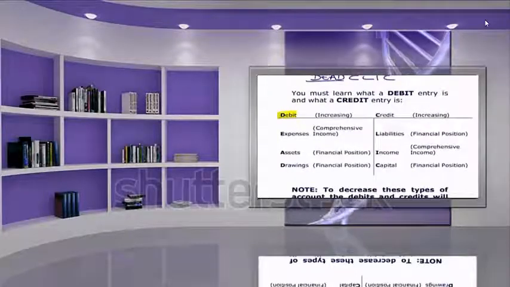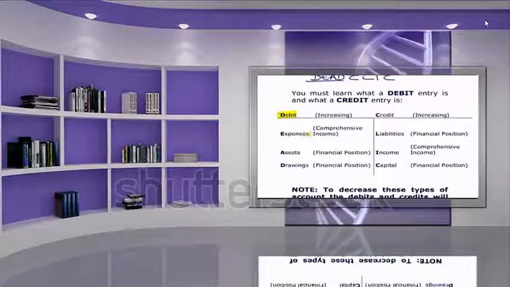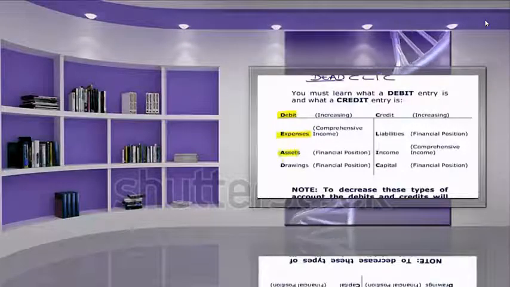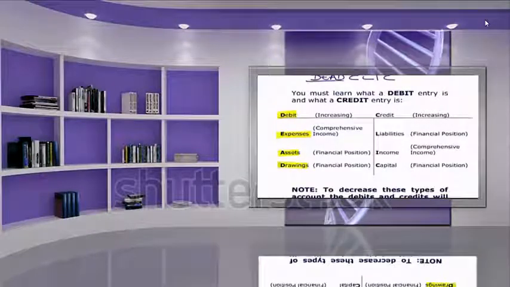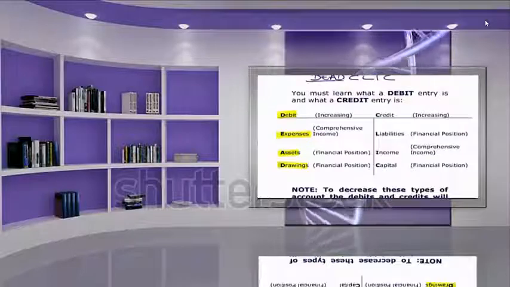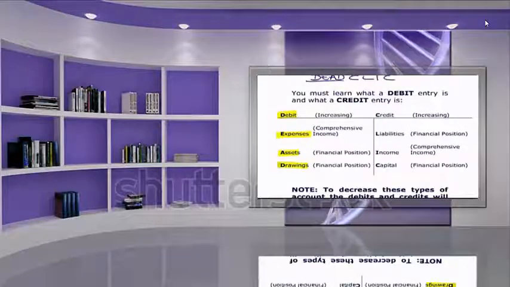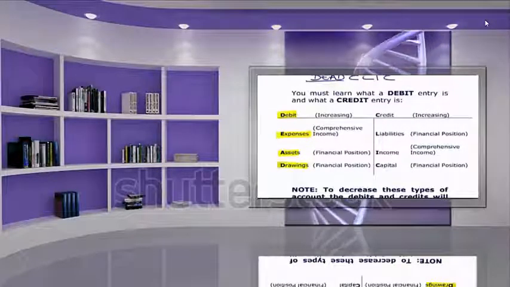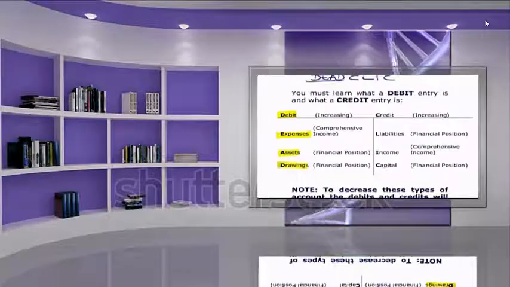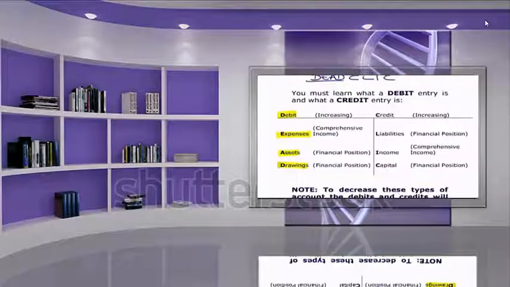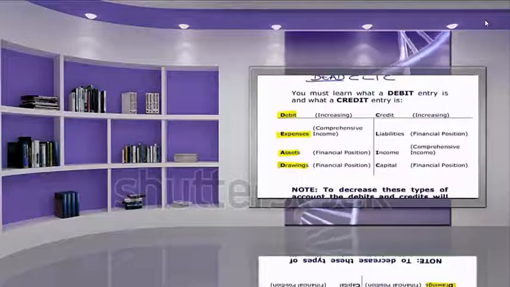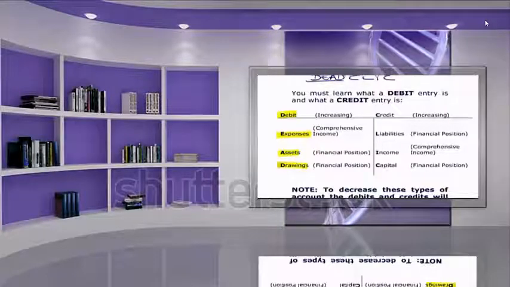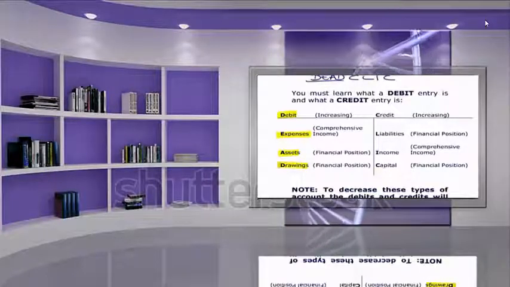And on the debit side, any types of expense, assets, or owner's drawings will be a debit entry into those accounts. Now be careful. You debit expenses, assets, and drawings only if you are increasing those accounts.